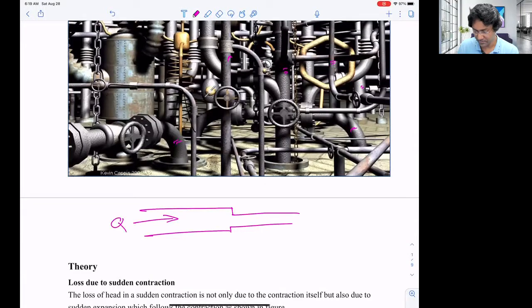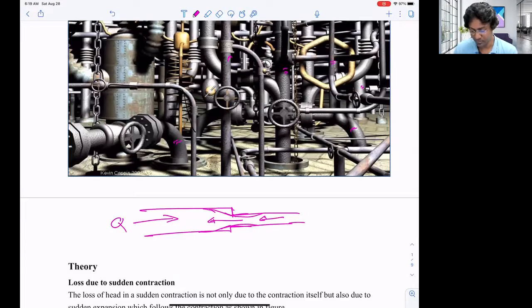Then we'll have sudden contraction here, right? We can see that is the contracted section. And what will happen if liquid flows from right to left? The situation is different, right? So it is sudden expansion. Liquid is expanding, so it will flow this way. So depending on the direction of flow, it may be sudden contraction or sudden expansion.